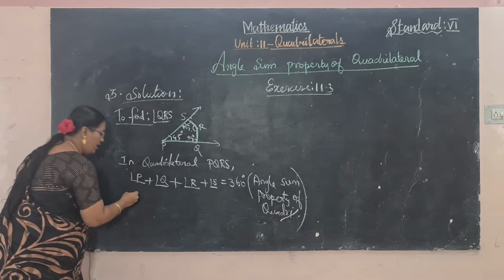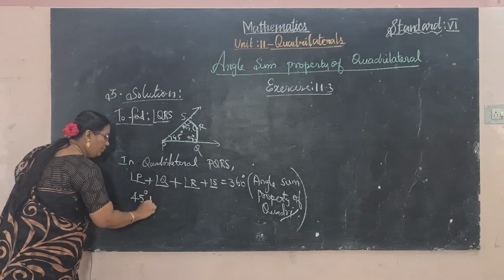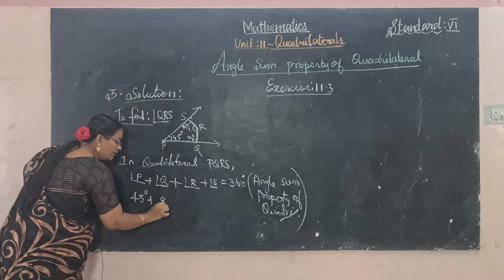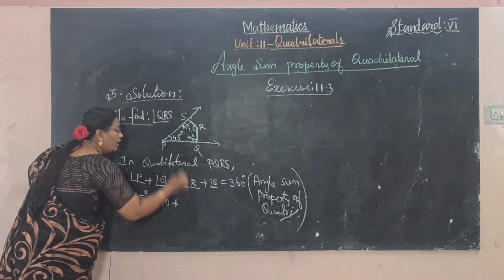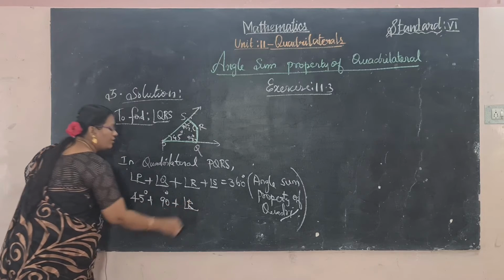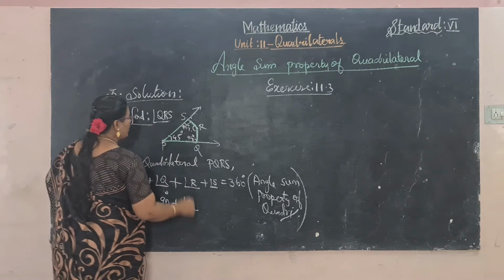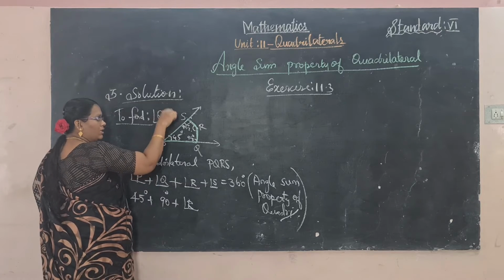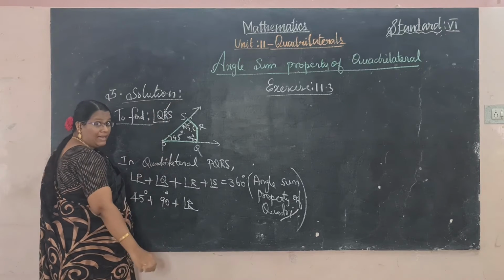So angle P value is 45 degree, angle Q value is 90 degree, and angle R value we don't know, we have to find that, and angle S is 90 degree. What is meant by QRS? The middle term represents the angle.